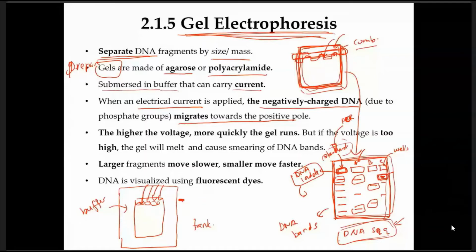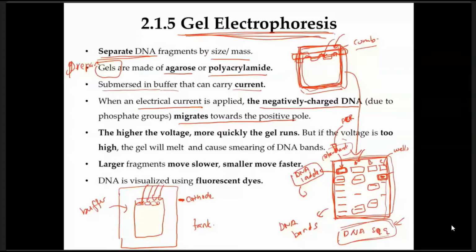Itu ion. Cation, anion, cathode kan? Anode. Negatif cathode ke anode? Anode. Kejap, kita tengok.